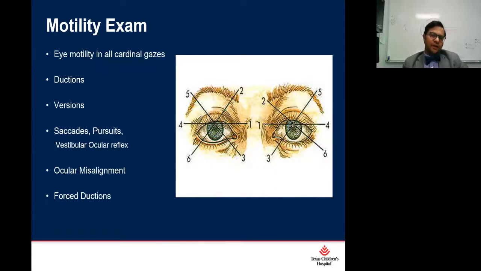Now, at the heart of this talk is motility. A lot of our brain, human beings are visual beings. Vision is key from the beginning: one, for survival, two, for learning, three, for just fulfillment of life.